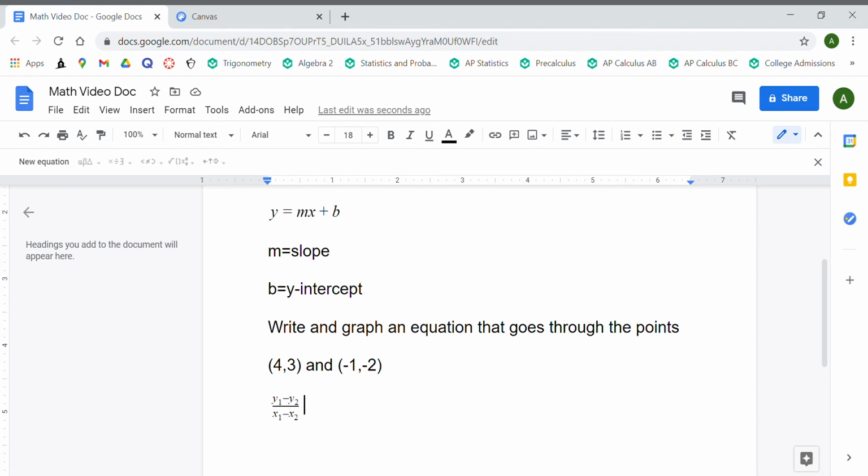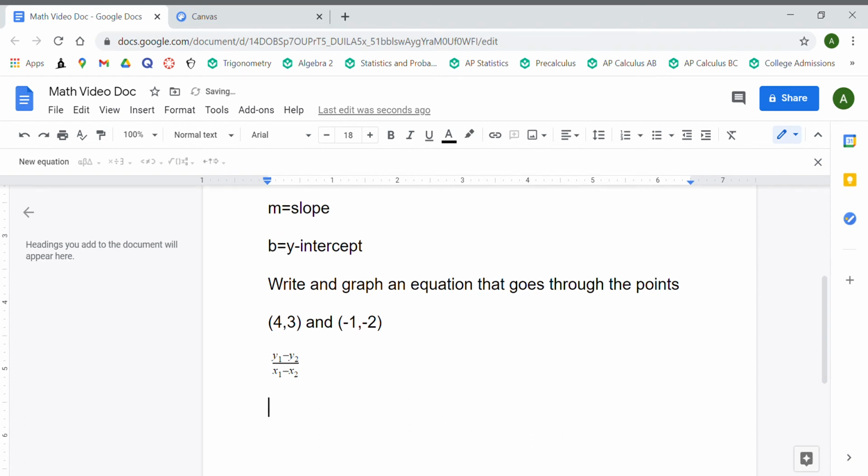You could take 4 plus 1 divided by 3 plus 2, or you can take -1 minus 4 divided by -2 minus 3. Doesn't matter which direction you go, as long as the coordinates match up with each other.